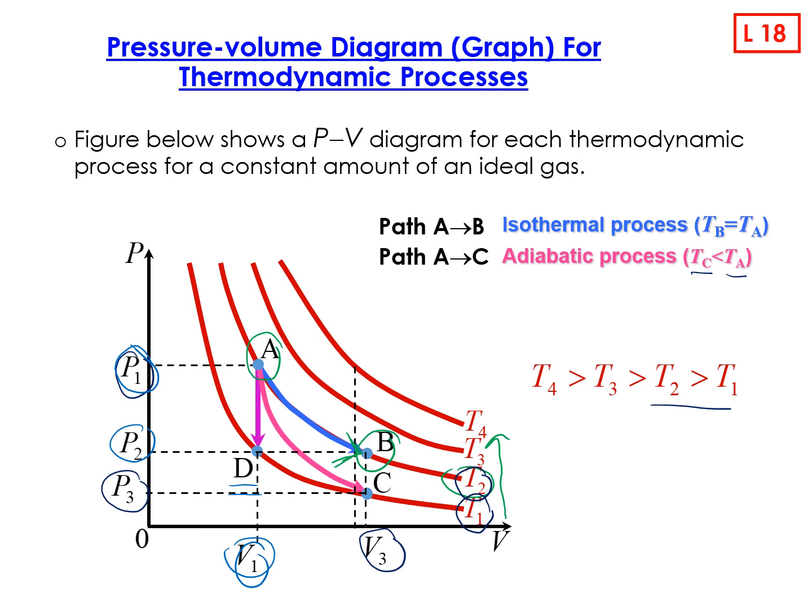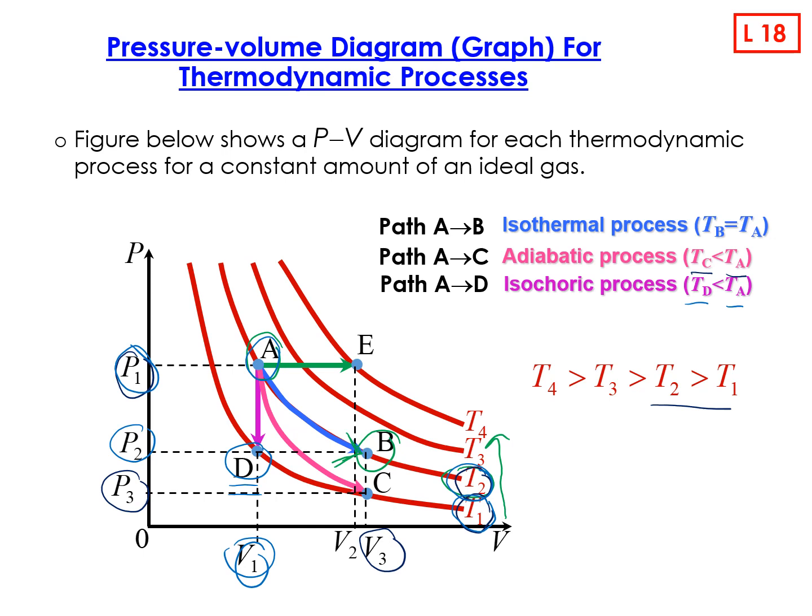So the volume is the same for point A and point D. So what is the process that occurs at constant volume? It is the isochoric process. In terms of temperature, point A lies at T2, but point D lies on T1. So which one has the greater temperature? Point A, isn't it? So that's why TD is less than TA.